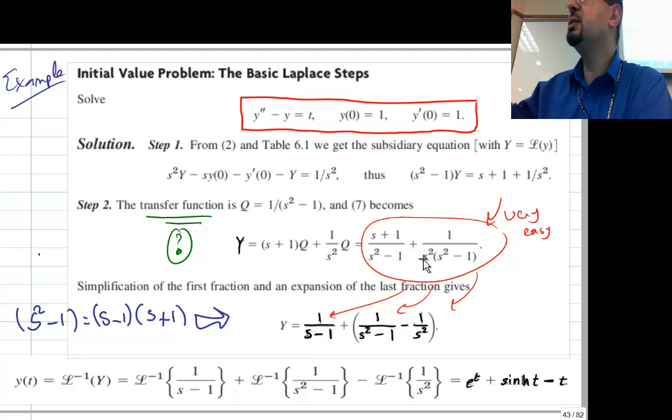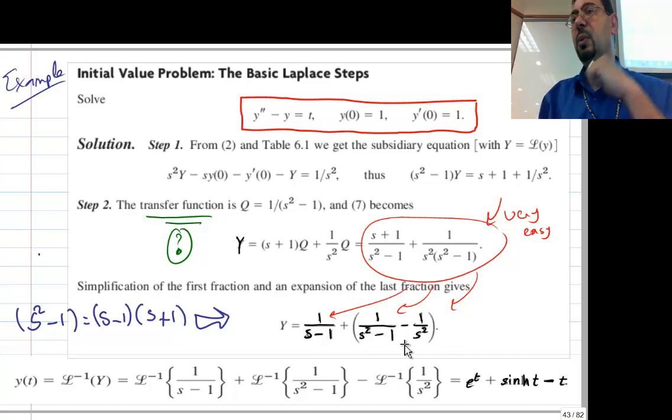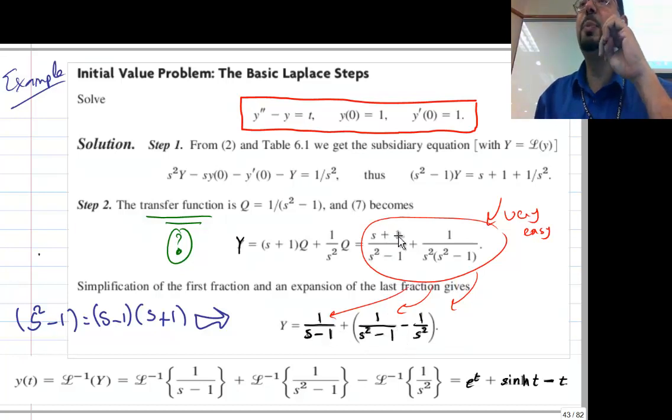Remember, 1 over s came from integration from 0 to t. So rather than integrating it twice, you just break this into two brackets. s squared minus 1 is simply s minus 1 multiplied by s plus 1. So the s plus 1 will cancel, and that's why this bracket simply becomes 1 over s minus 1.